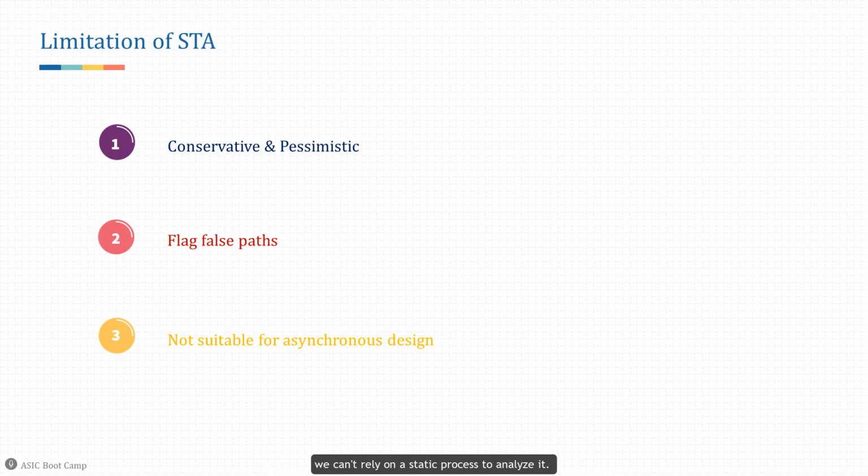We can't rely on a static process to analyze it. That's why all large-scale designs are synchronous designs. However, this doesn't mean there is absolutely no asynchronous path in the design. In some very predictable conditions, we have special constraints to check timing for asynchronous paths as well.